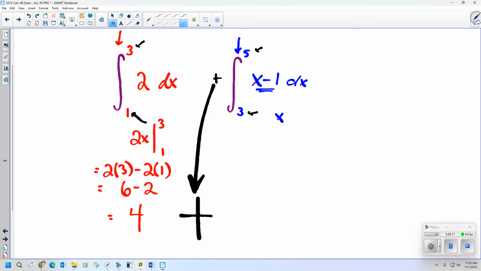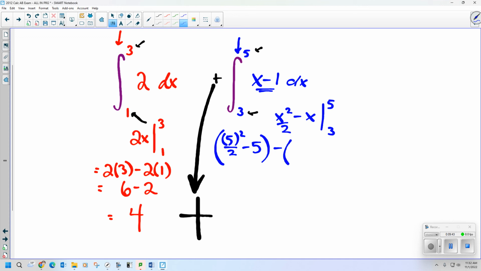Okay, that's x squared over 2 minus x. Don't forget that 2. I want that from 3 to 5. Let's throw in the upper bound. 5 squared over 2 minus 5. That's the upper bound.